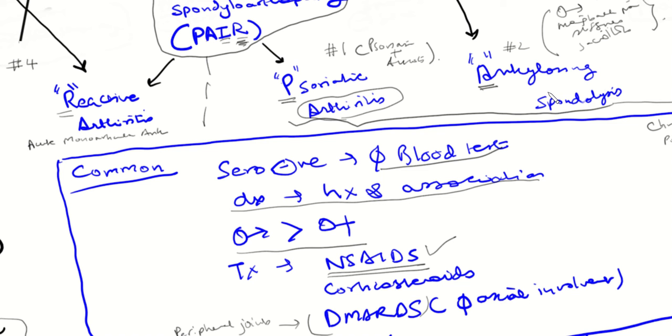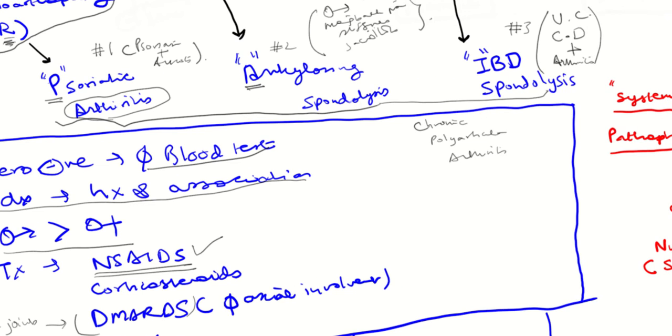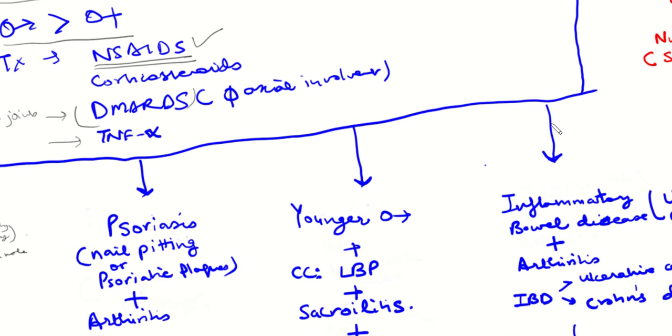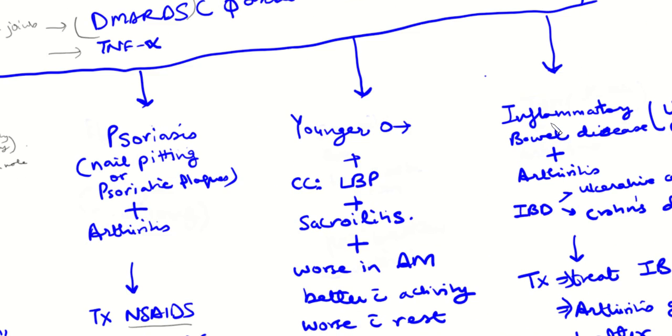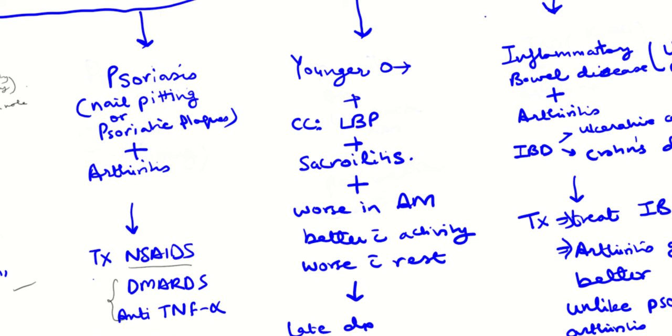And again, we give them NSAIDs and tumor necrosis factor alpha, along with exercise and physical therapy. IBD, ulcerative colitis or Crohn's disease, plus arthritis. Again, manage their ulcerative colitis and Crohn's disease, and the arthritis gets better.